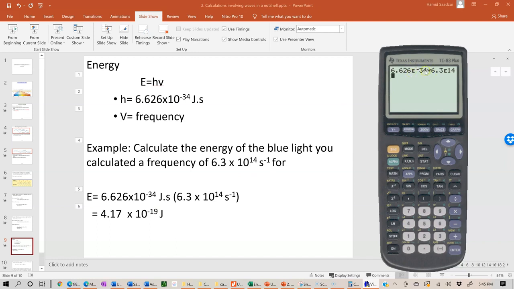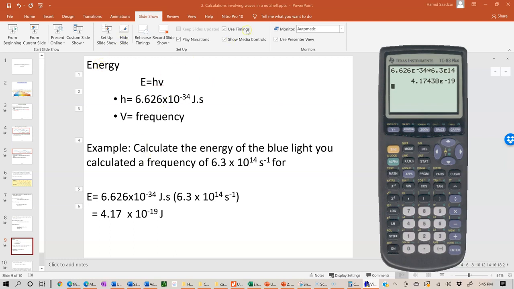Once again, E negative 34 tells you 10 to negative 34. Enter. 4.17 times 10 to the negative 19. Remember, E means 10 to the power. Once again, we round it to the second digit in our decimal place, basically the hundredths place. And you get your answer. You're done. So you can see the math is really easy if you use the right tools.